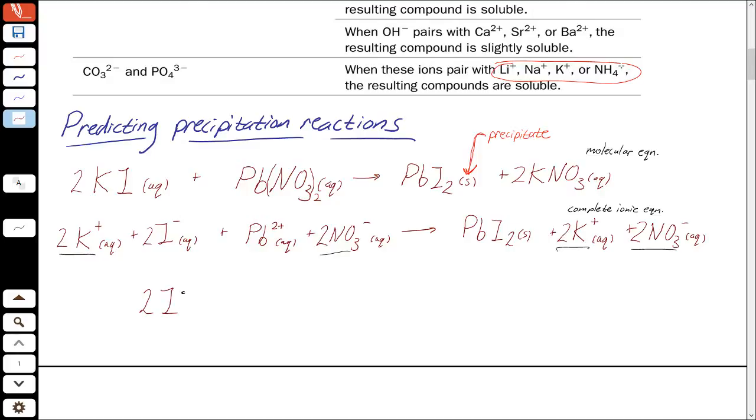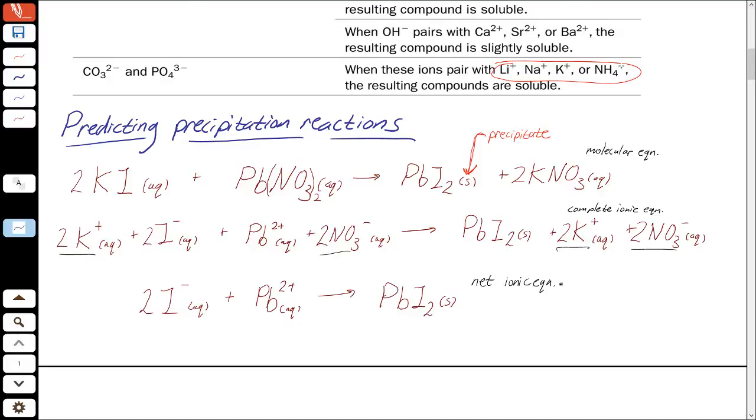So the actual reaction that's happening in this case is that 2 iodide ions are reacting with 1 lead 2+ ion to make a lead iodide solid. And that is the net ionic equation.